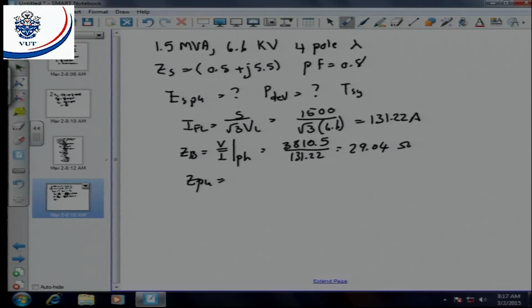Always work per phase whenever we work with three-phase, and therefore the current is 131.22 at an angle of minus 36.87 times 0.5 plus j5.5, which gives us a value of 4,329.57 at an angle of 7.14 degrees.